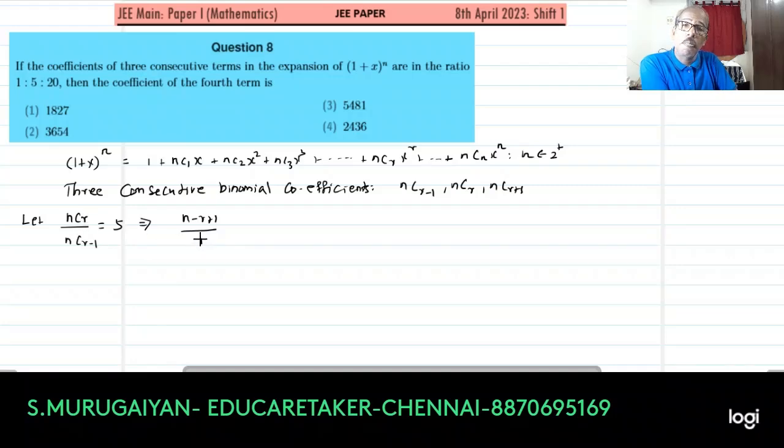This is a fundamental derivation using the properties. Then n minus r plus 1 is equal to 5r, so n minus 6r is equal to minus 1. Let this result be taken as 1.